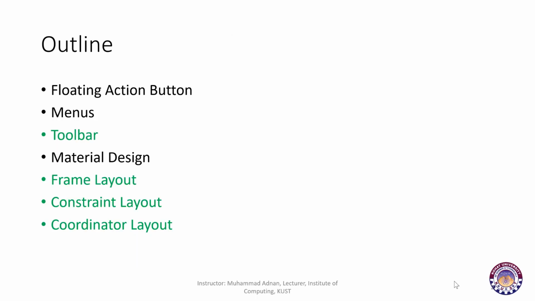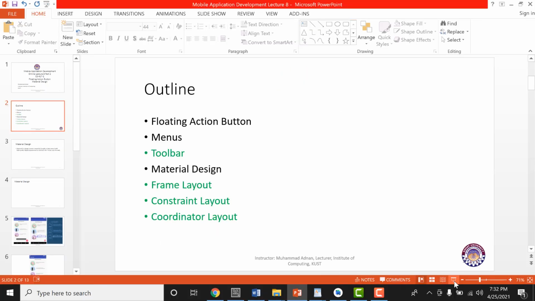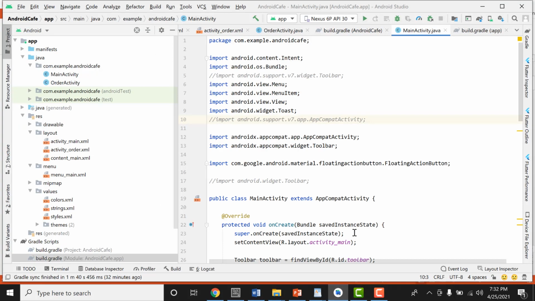Also, what is constraint layout, what is coordinator layout, and why we use coordinator layout. All of this will be discussed today. So with that, let me summarize what we have done in the previous class.